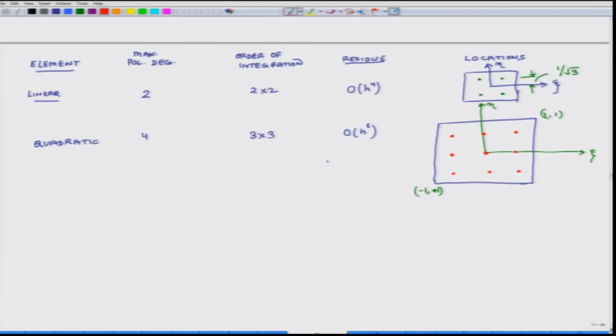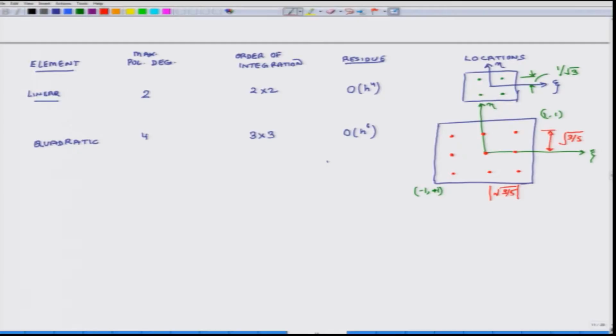These are the 9 points, and the spacing between these 9 points is square root of 3 by 5. The same spacing is also in the y direction.